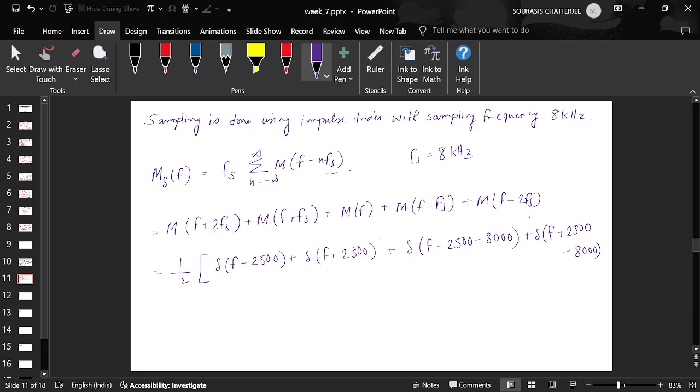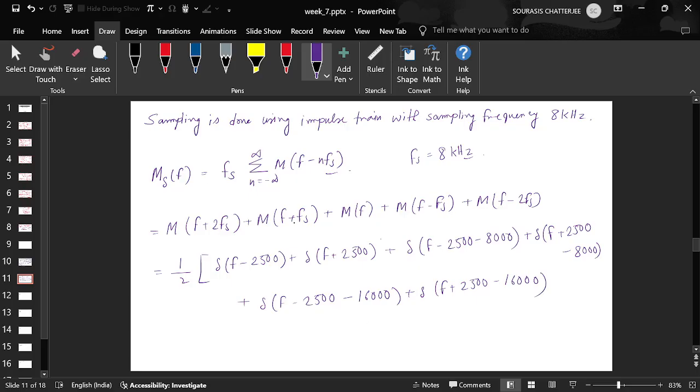Similarly for M(f minus 2fs), it is delta(f minus 2500 minus 16,000) plus delta(f plus 2500 minus 16,000).